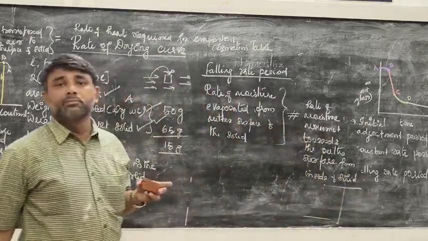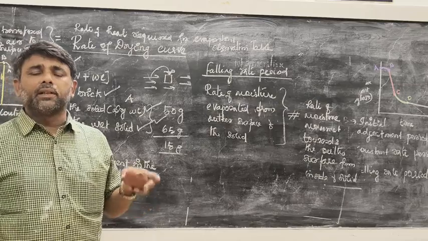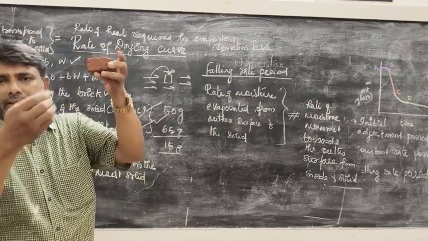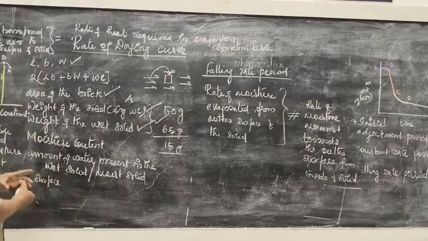Hence the rate of drying decreases gradually. This is called the falling rate period.